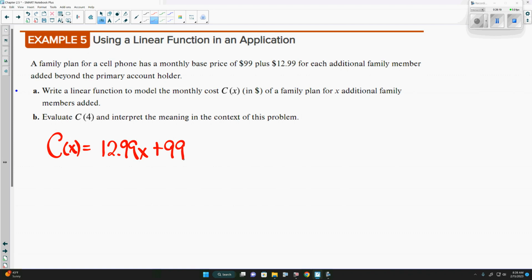And if we plug that in, we can check that it holds true, because $12.99 times 0 would be 0, giving us just the $99. So do we have the equation for A? Yeah, it's just the basic linear function.